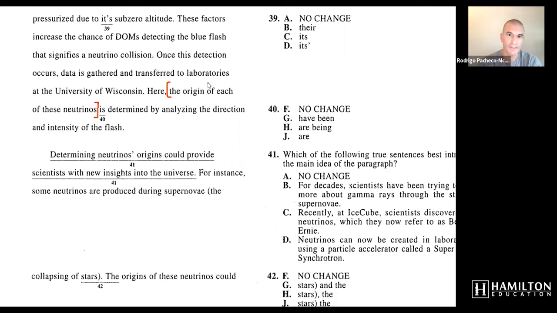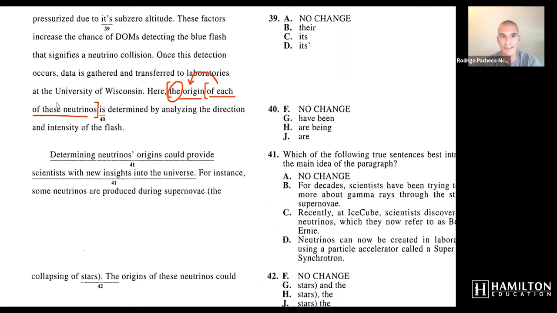Well, oftentimes we'll see a prepositional phrase after a noun, usually the article. When I say article, I mean the or a or an. That is going to be followed by the subject. And this prepositional phrase, of each of these neutrinos, functions more like a modifier because it's telling us something about this origin.